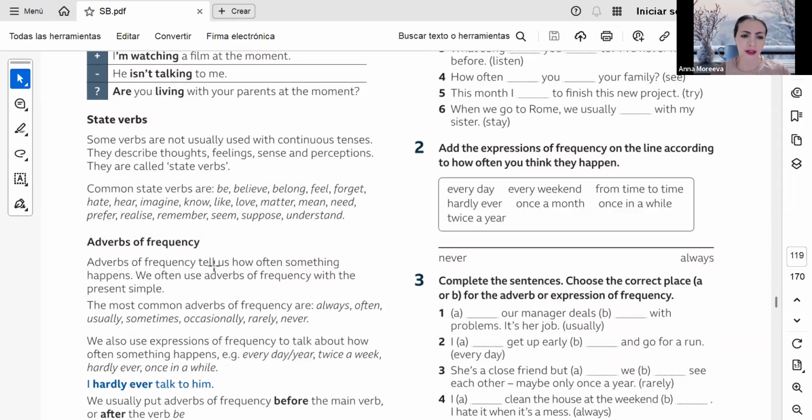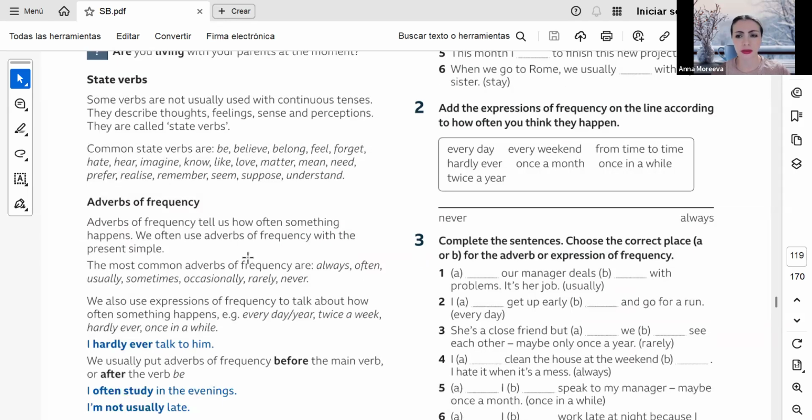Adverbs of frequency, the same. We usually use with present simple always, often, usually, sometimes, occasionally, rarely, never, because with these words, the same, we describe some kind of routine, some things that are repeated. For example, I always listen to music in the morning. I often watch series on TV.